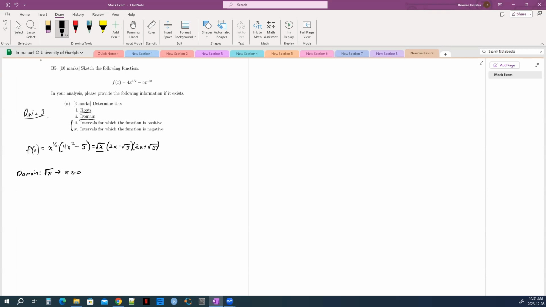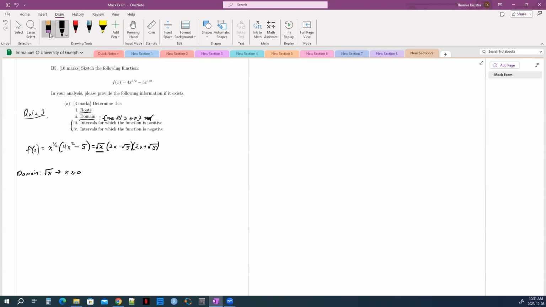I'm not taking the square roots of a variable x anywhere else. I'm taking square roots of 5, which is fine, and I'm not taking the ln. So my domain is x are the real numbers such that x is greater than or equal to 0.